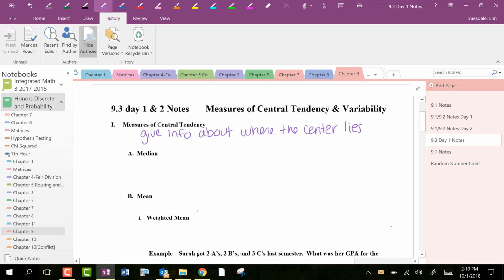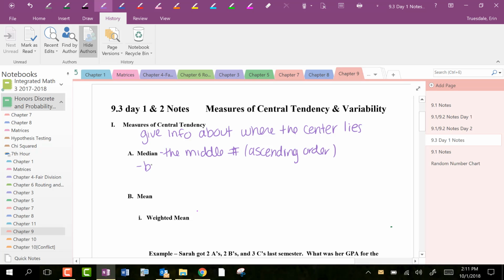I know you've heard those words before, but the median again is the middle number. You have to put it in ascending order first. You can't just take the middle number with how it's given to you, but once you put it in ascending order, it's the middle number.